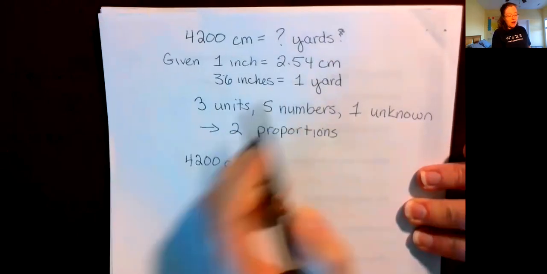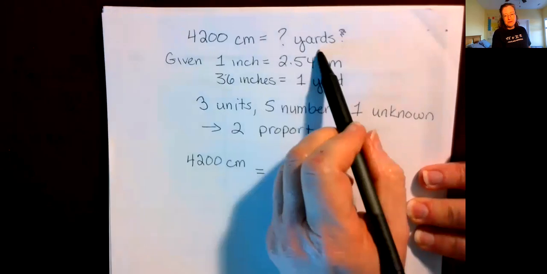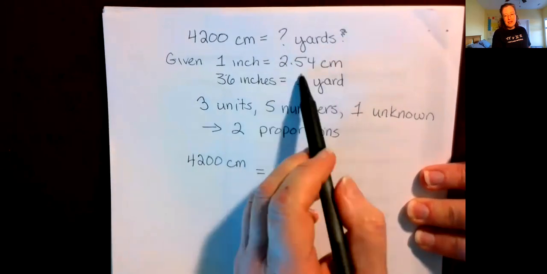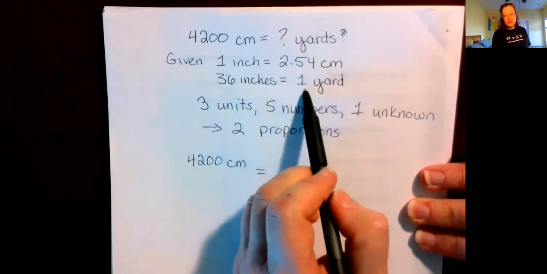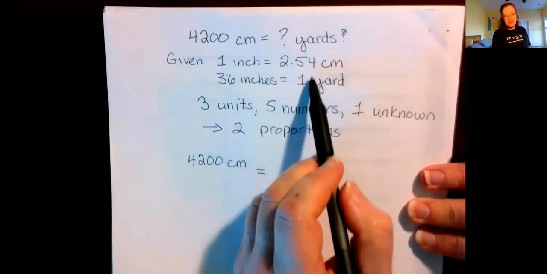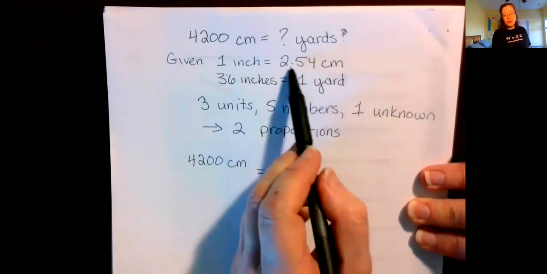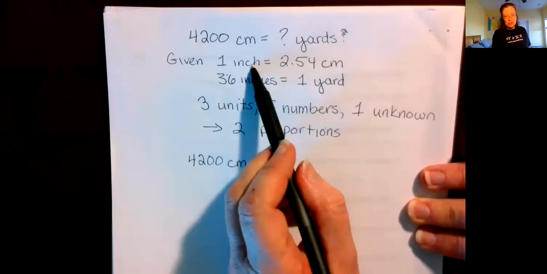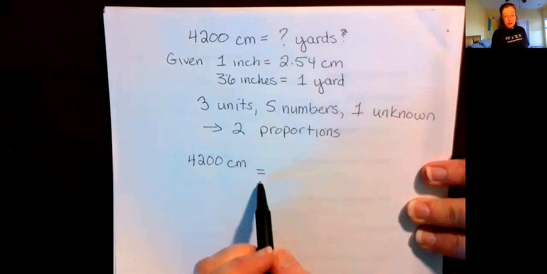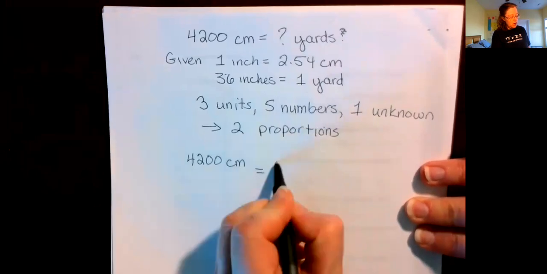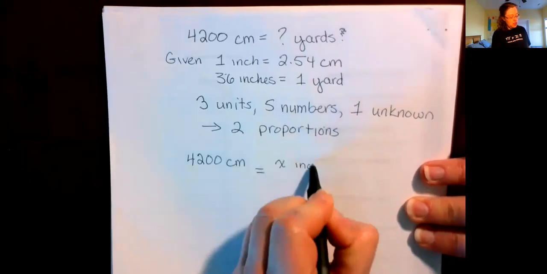Can I go directly to yards? I don't have any information here. I can't say this is related because 2.54 centimeters definitely does not equal 1 yard. What the centimeters does equal is 1 inch. So I can do my first proportion by saying that it's equal to an unknown number of inches.